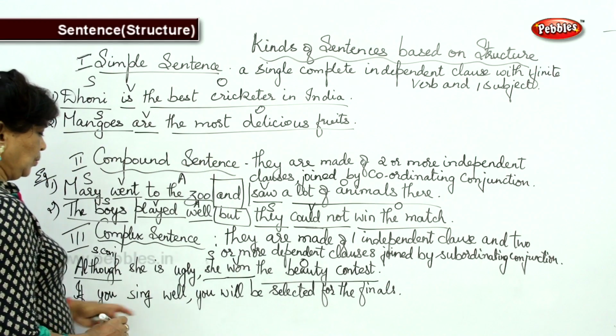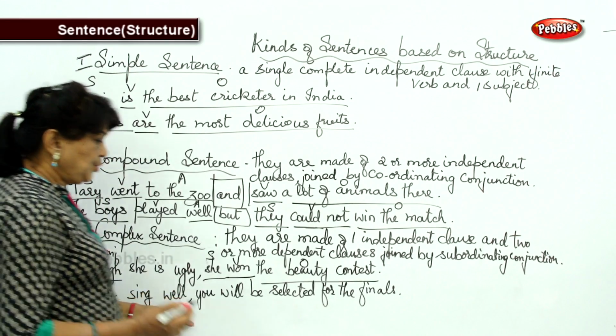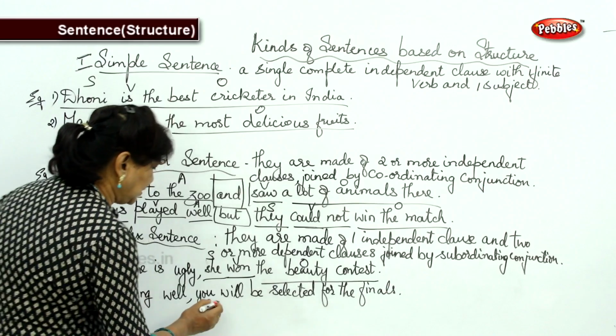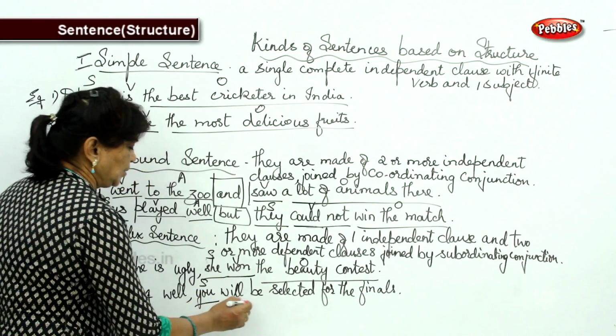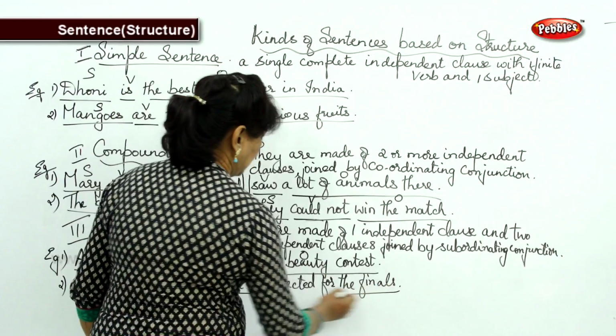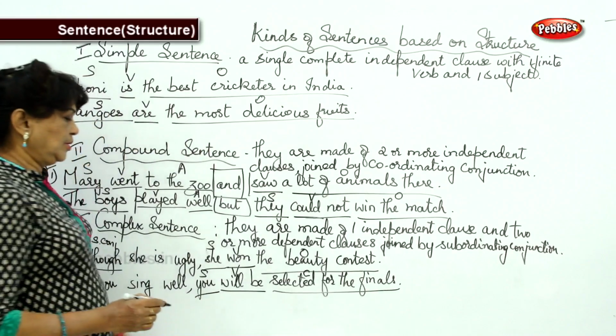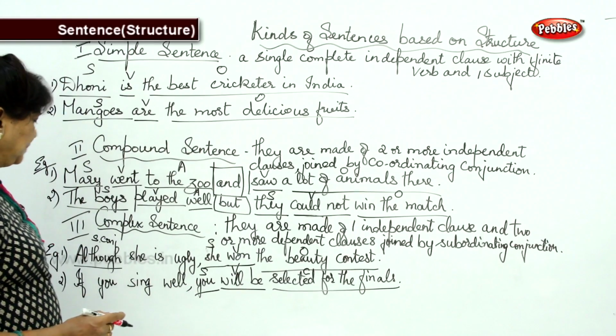If you sing well, does it make complete sense? No. You will be selected for the finals. You is the subject, will be is the verb, and will be what? Selected for the finals is a complement because it's a be form of a verb.